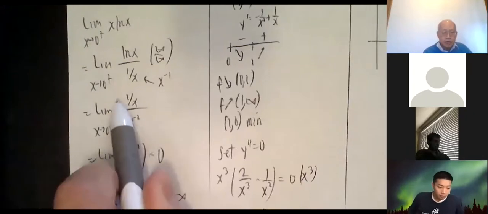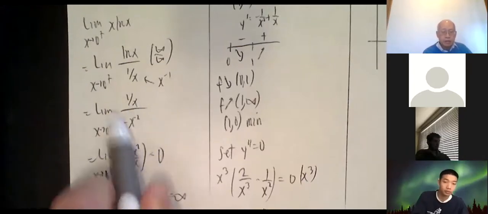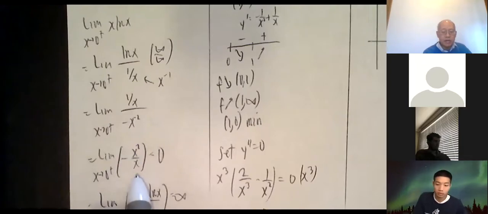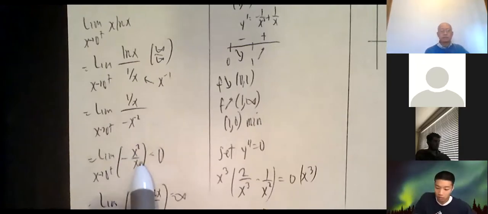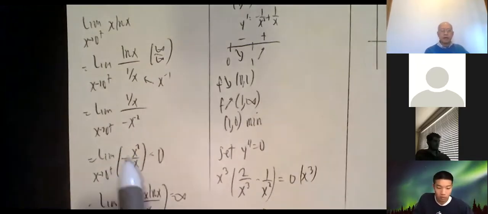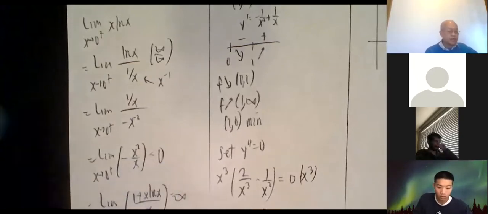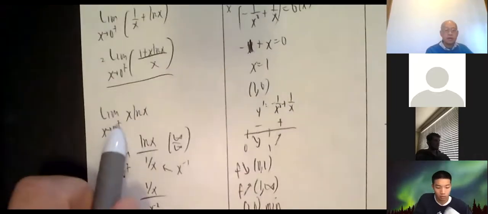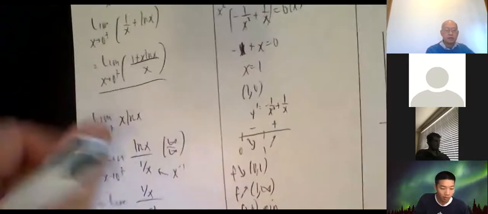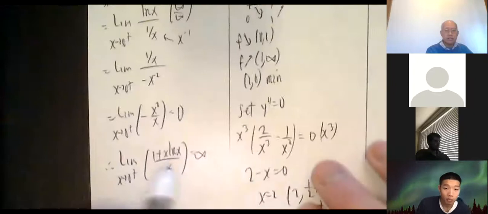The x to the negative 2 can go upstairs, so negative x squared over x, which is the same as negative x. When x approaches 0 from the right, negative x approaches 0. So this limit is 0.